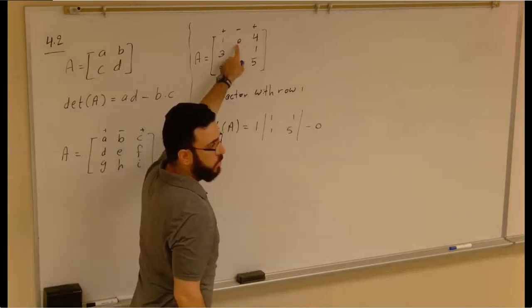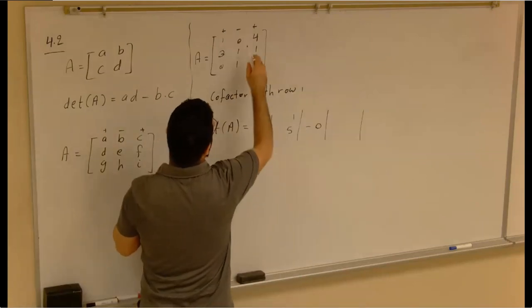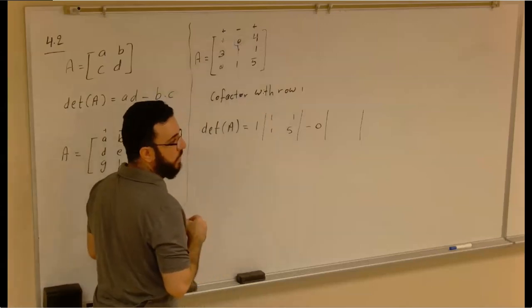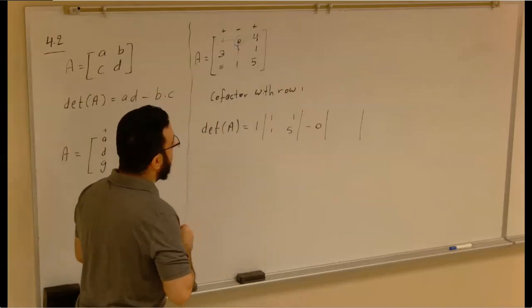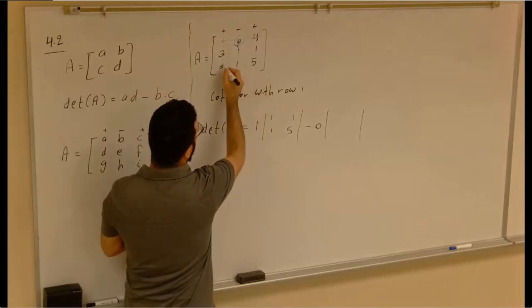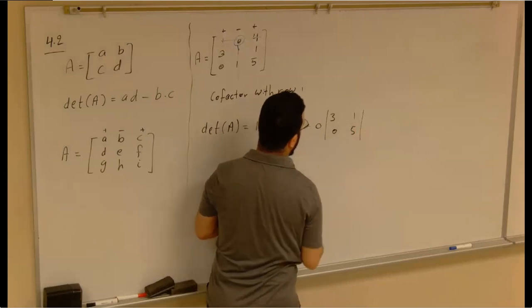So don't forget this sign, minus 0. Now I'm going to cancel this row and this column. What's left? 3, 1, 0, 5. Now plus 4.